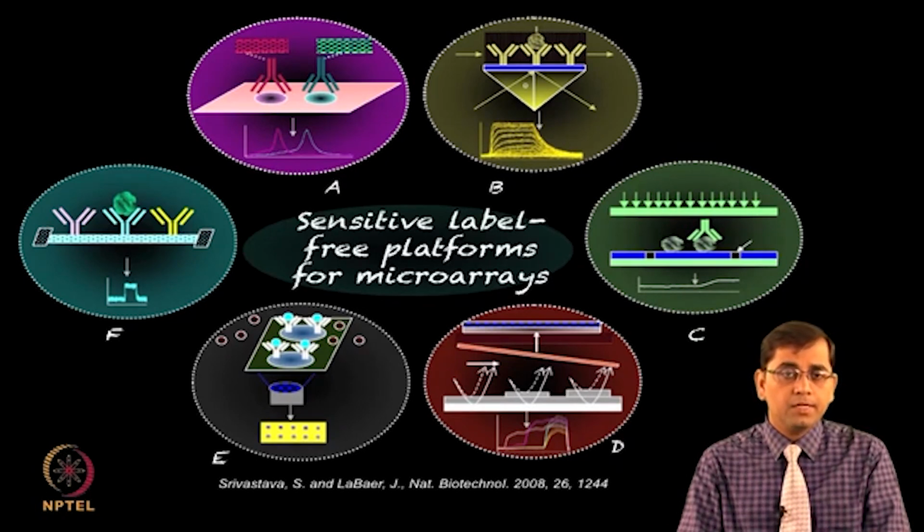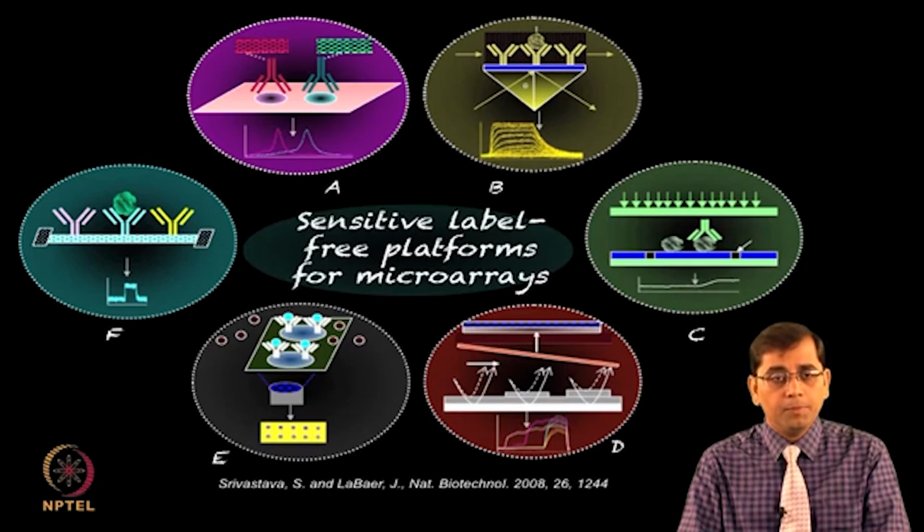Panel C displays the real time multiple binding events by monitoring the intensity of EOT or extraordinary optical transmission through the nanoholes sensing arrays. Panel D describes SRIB, as we talked earlier, which is based on the light reflected from the silicon dioxide surface.